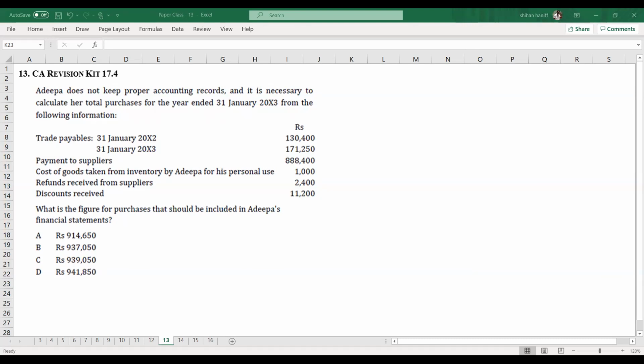Right. Can you give it a try to calculate the answer for this?